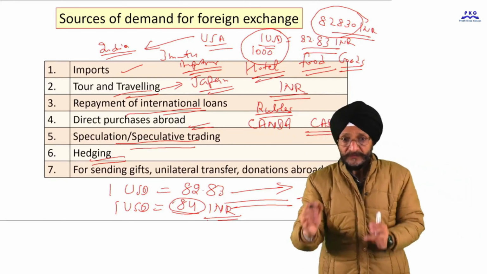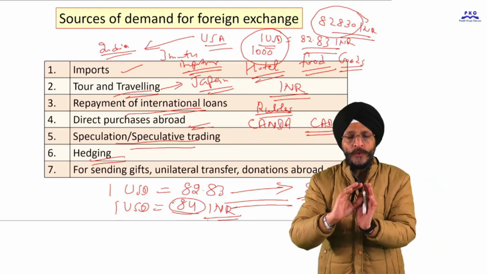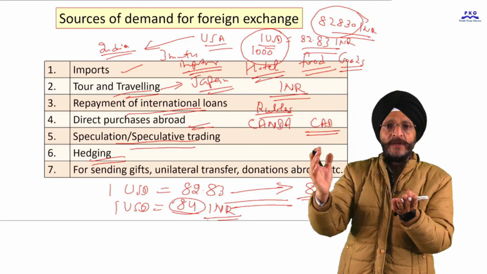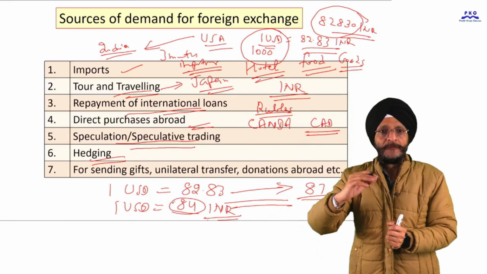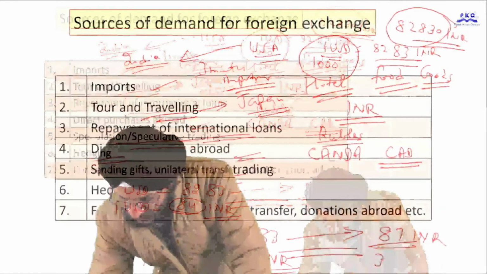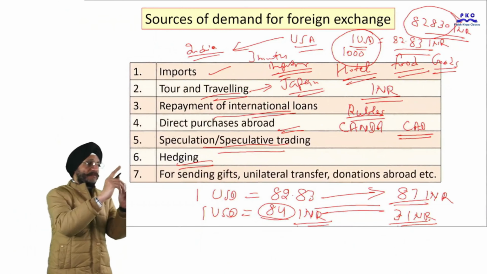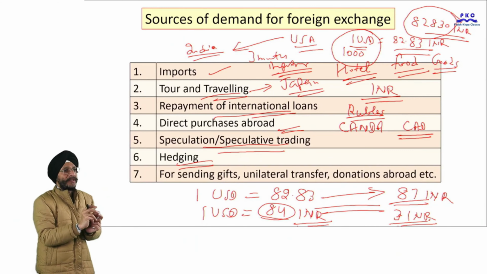So here, the businessman is thinking that the price of US dollar in relation to Indian rupee will increase. It may happen. So to avoid that risk, there is a difference of 3 Indian rupees per US dollar, which he thinks he will have to pay extra if he does not enter into a forward market contract.